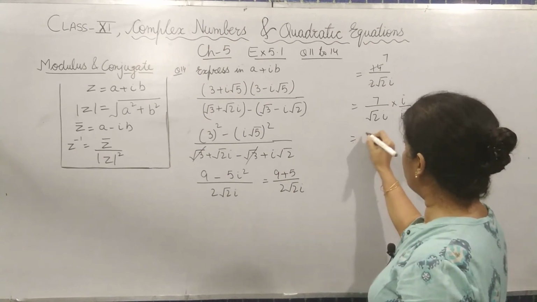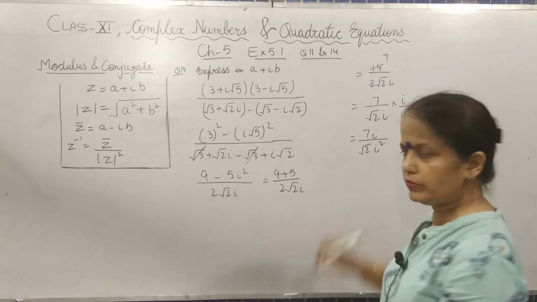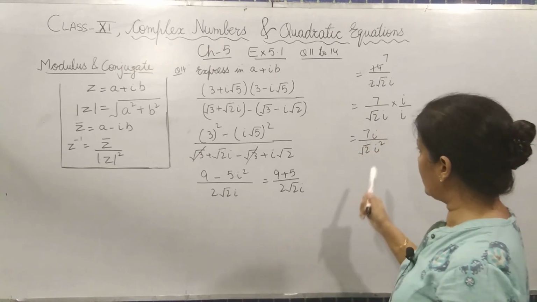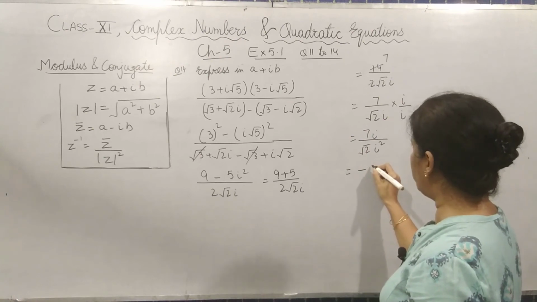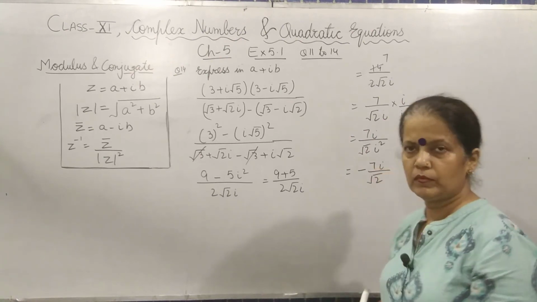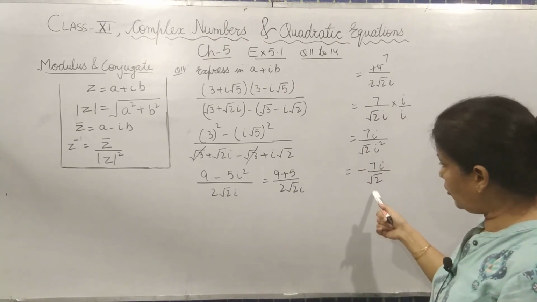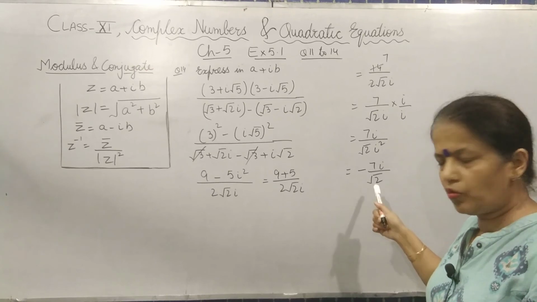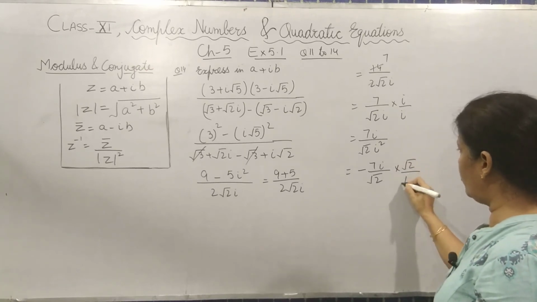Now multiply: 7 iota upon root 2 I square. Now apply I square equals minus 1. So it will become minus 7 iota upon root 2. Now if you want to go further, you can do the rationalization, root 2 upon root 2.